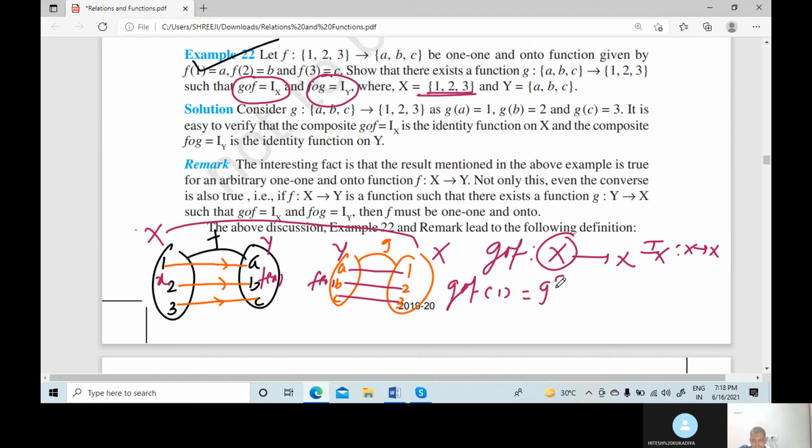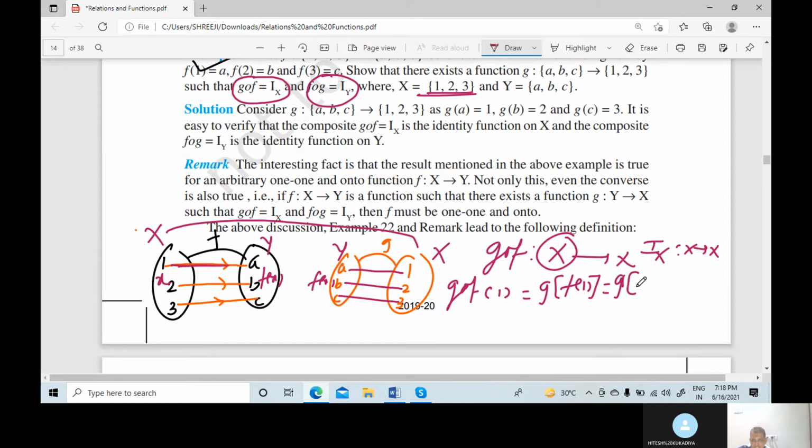Okay. Now simplify. G of F1. F1 answer is A, and GA answer is again 1. Here we put 1, again we get the answer 1. That means identity function. Now the second value, G of F2. Put 2.